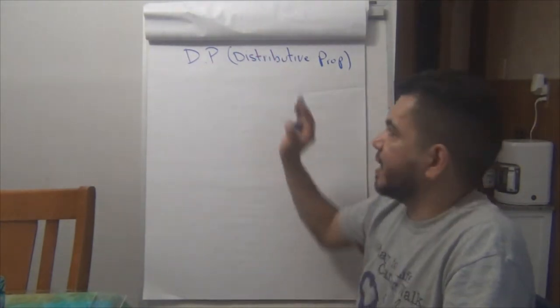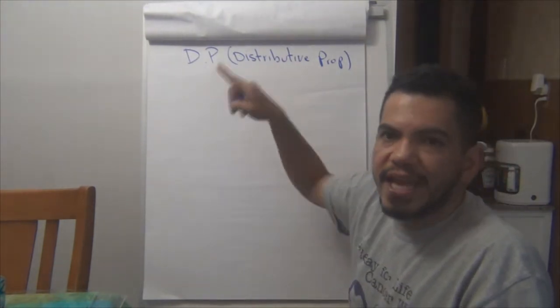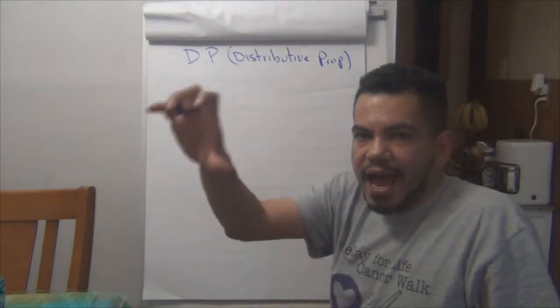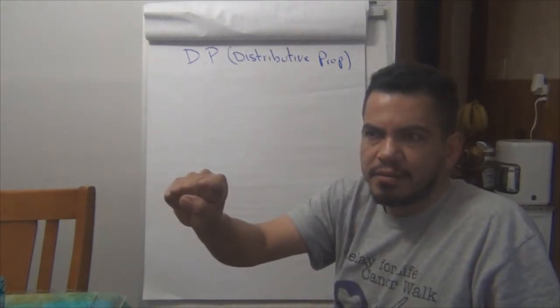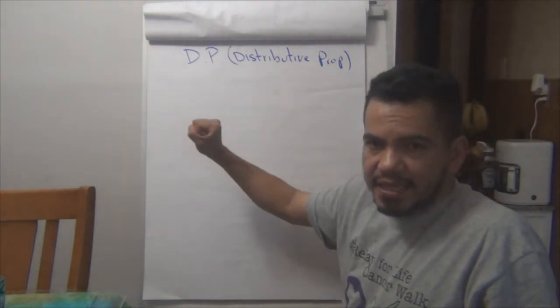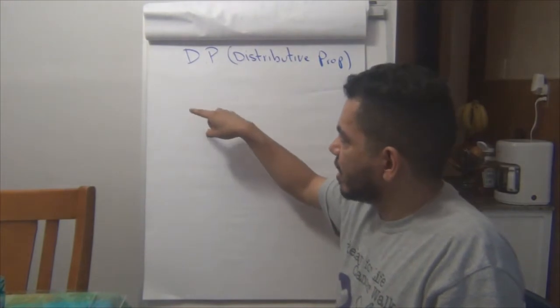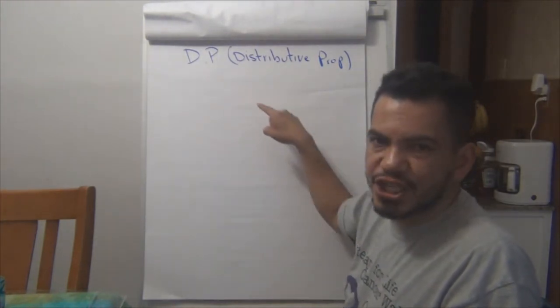This is the only property that combines addition and multiplication. So it is said that the distributive property distributes multiplication over addition.